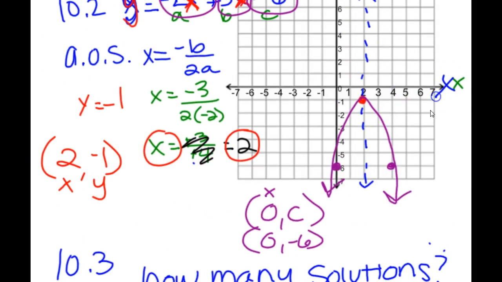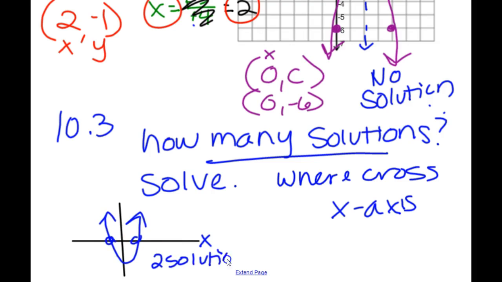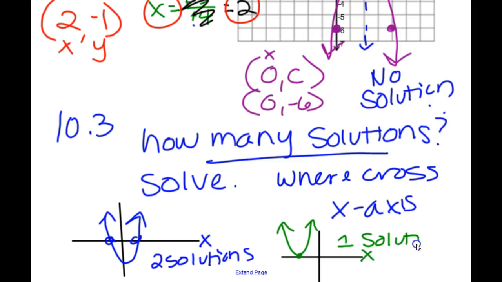This one does not cross the x-axis at all, so this one would be no solution. If you get a graph and it crosses the x-axis 2 times, like let's say your graph looks like this, then you could write that there are 2 solutions. And if you get a graph where it's only crossing one time, like maybe your graph looks like this, it's touching the x-axis one time, there's only one solution.